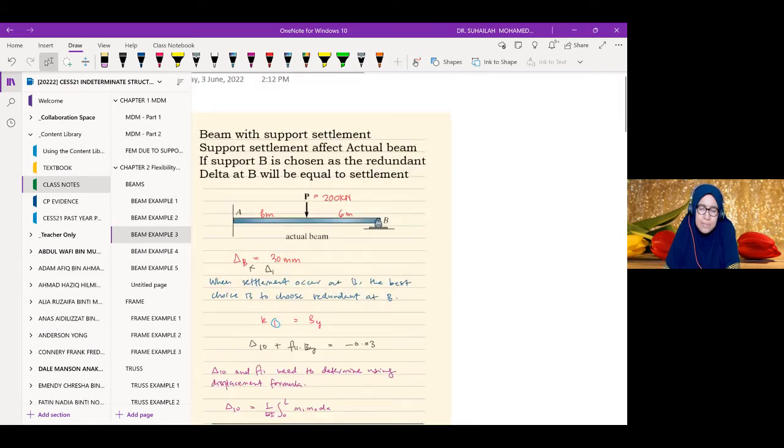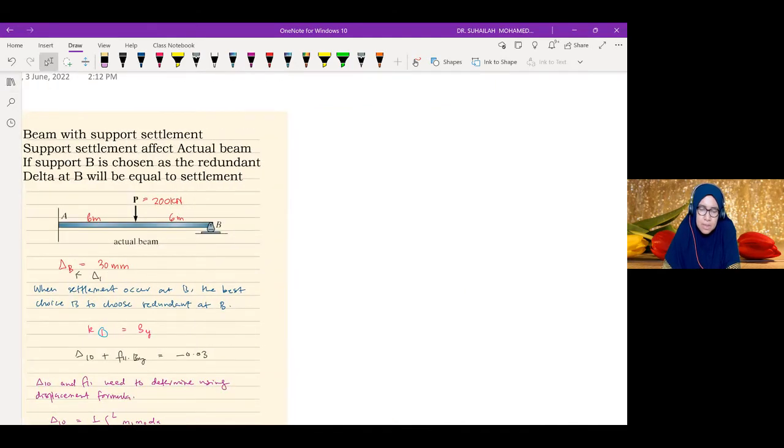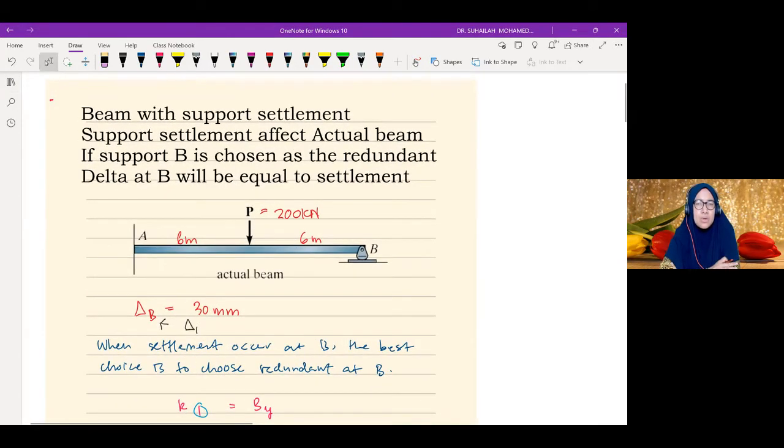Okay, let's look at the next example. In this example, I want to focus on the effect of support settlement. Take note that the settlement affects the actual beam, the actual structure. Remember, when we write the compatibility equation, it comes from delta.